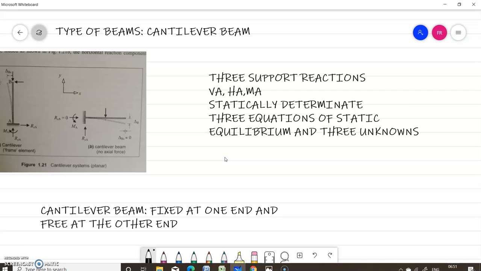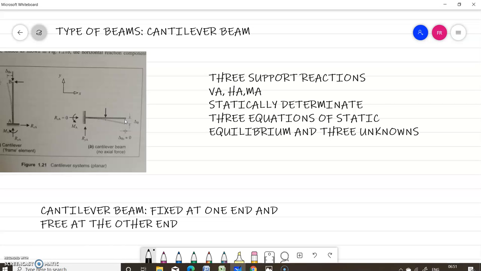So this cantilever is a statically determinate beam, which implies that the support reactions and the internal force resultants along the length of the cantilever, that is, axial force, shear force and bending moment can be determined, and this beam is known as statically determinate beam.